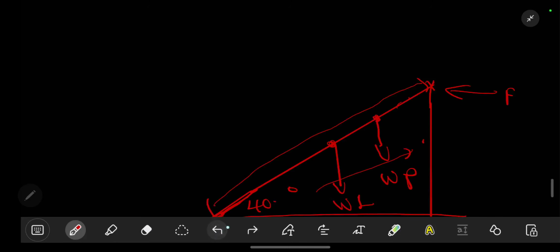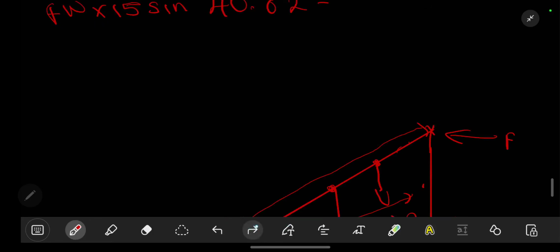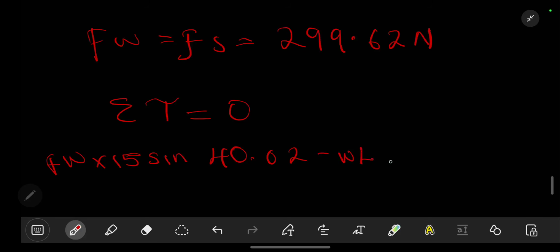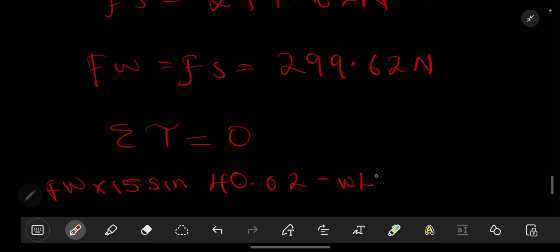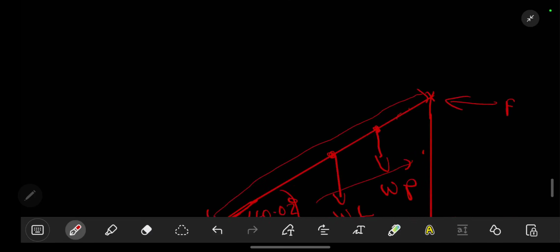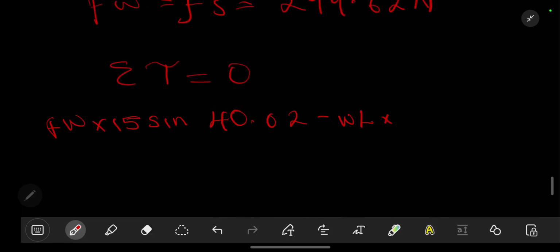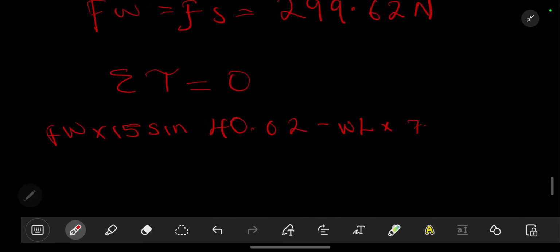Let me first just write algebraically everything. So we have the weight of the ladder times, so it's uniform, so at the center of 15, if the ladder is 15, the center will be 7.5.